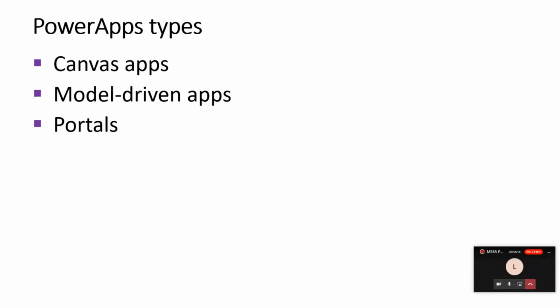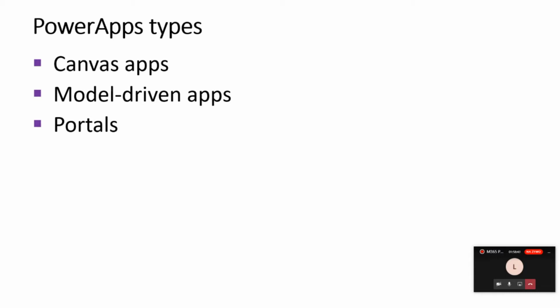We have also model-driven apps. This type is mainly used for Dynamics 365, and it's easy to create and use with the Dynamics model behind it. And we have portals that we can use to present data and allow external users or even anonymous users to interact with our data, with our processes, etc.